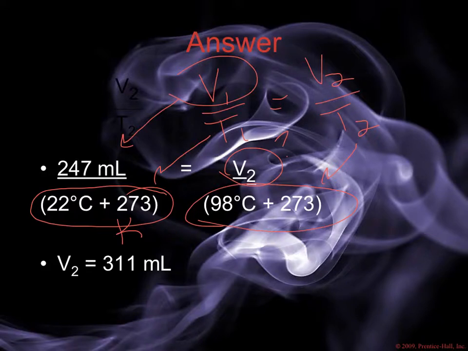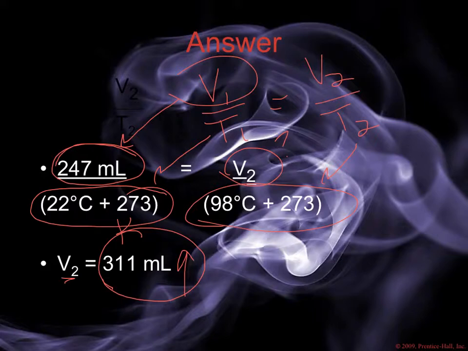And when we rearrange and solve for V2, we see that the new volume is 311 milliliters. Always ask yourself with these if that fits with common sense. What did we do? We took our original volume, which was less, and we heated it up. What do you expect to happen to the volume when you heat it up? You expect the volume to go up, and it did in fact, so that's good.